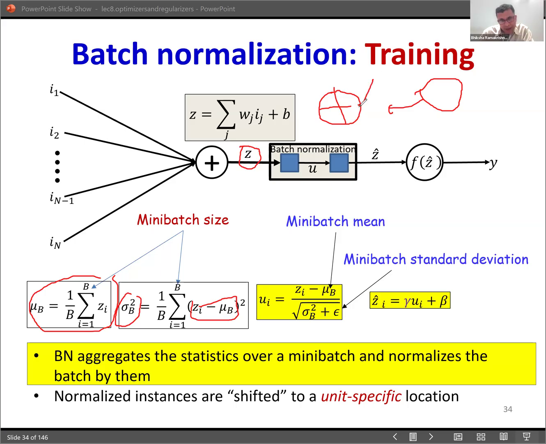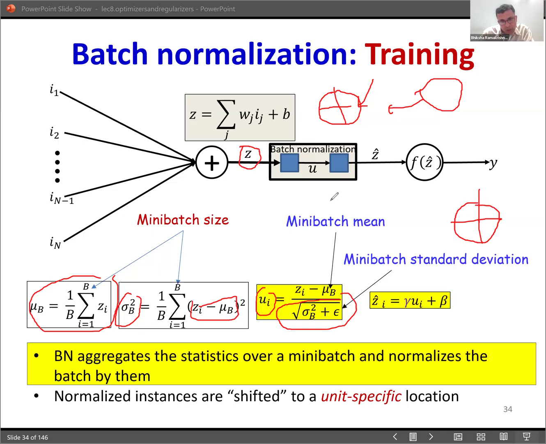And then you're going to be dividing the z's by the standard deviation. There's a sigma squared plus epsilon. This is just to prevent division by 0. And so this resulting u, which has been z normalized, now is centered at 0 and has a unit variance.